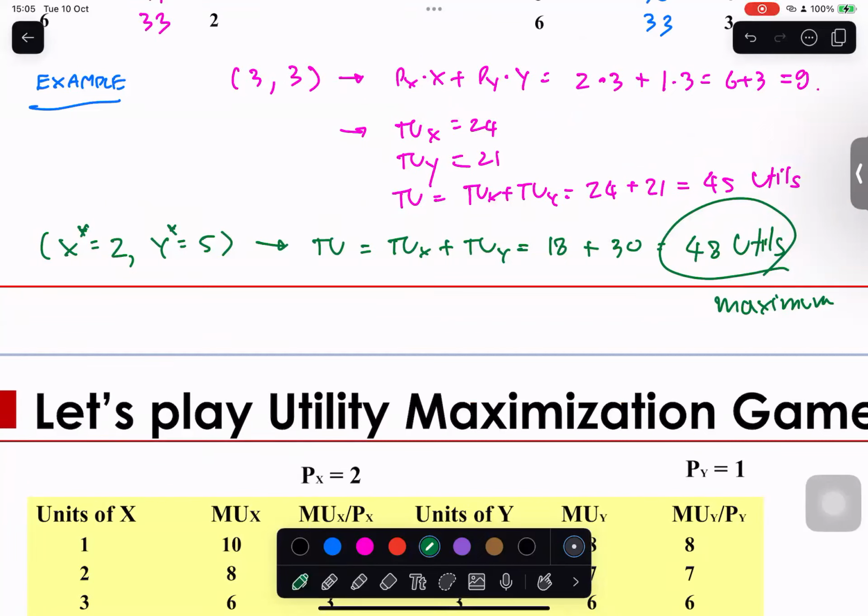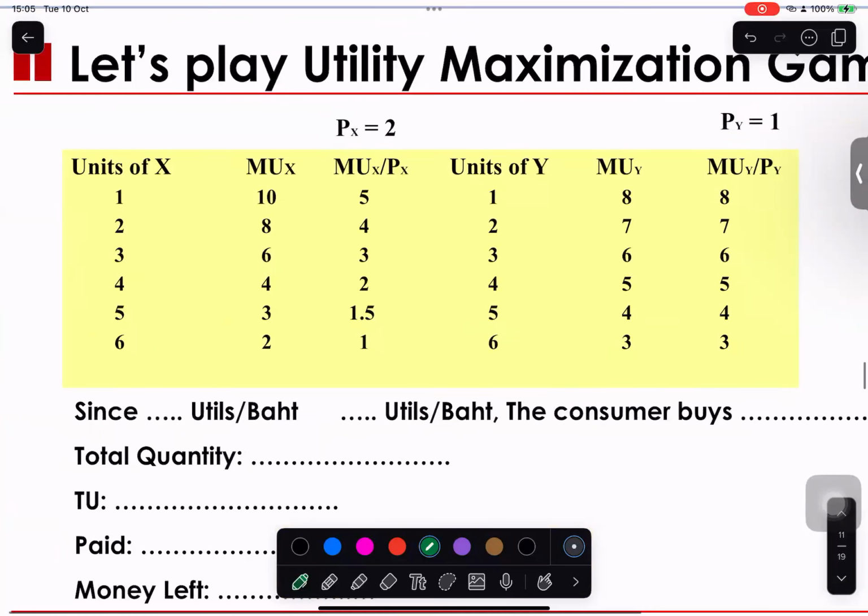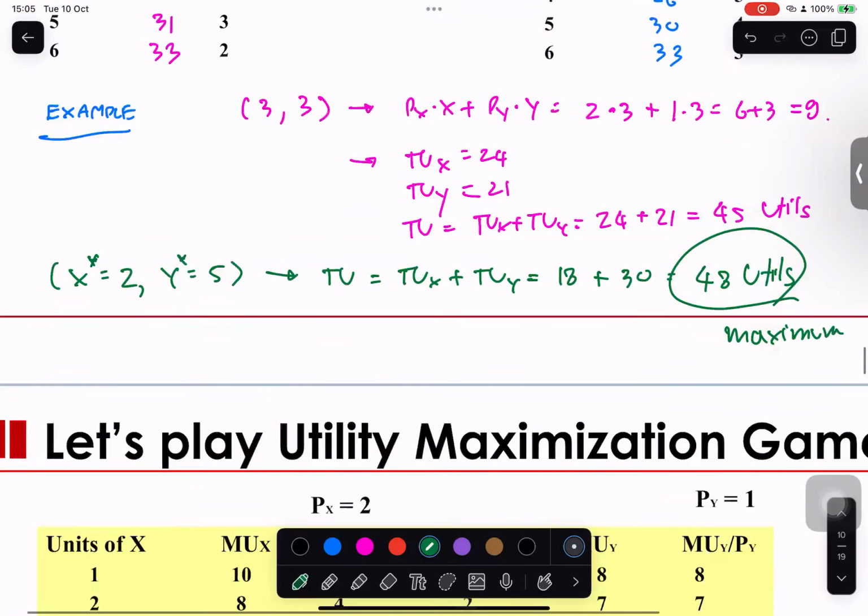There is another algorithm to come up with the same answer from economic principle. If you are ready, move on to the next page.